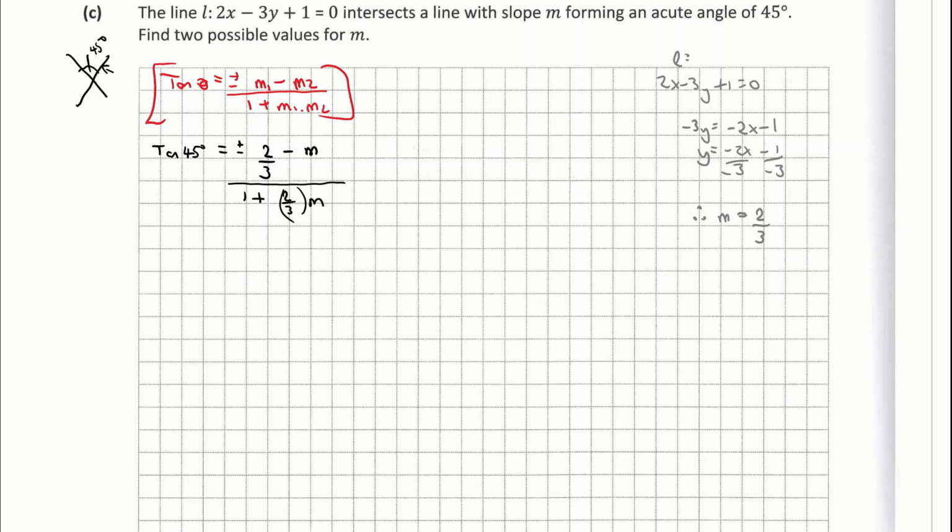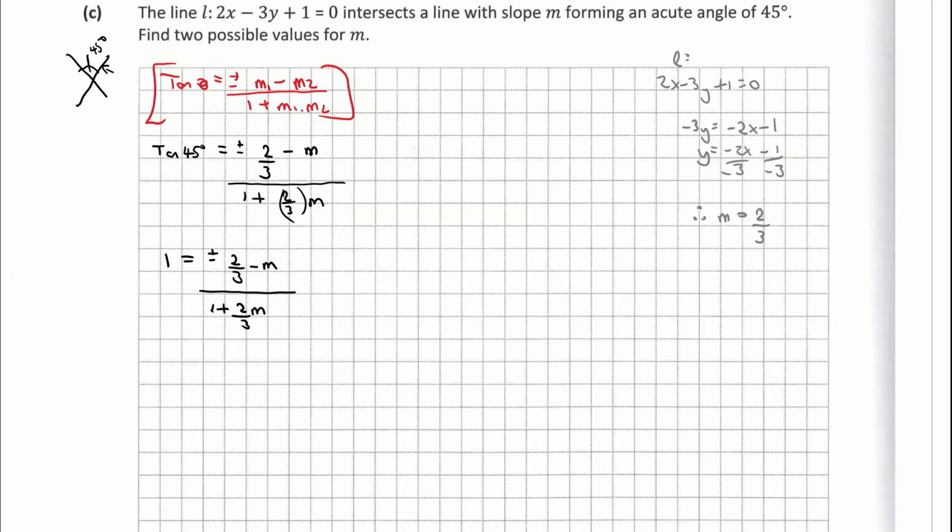If I go to my calculator and type in tan 45, I get 1 is equal to plus or minus 2 over 3 minus m, all divided by 1 plus 2 over 3m. That's when I multiply the 2 over 3 by m.